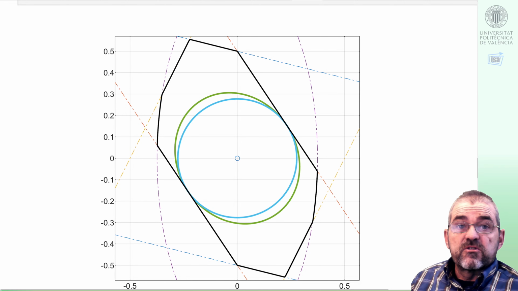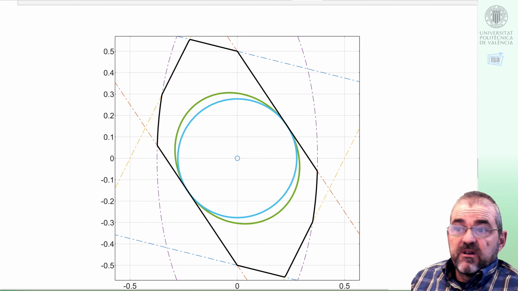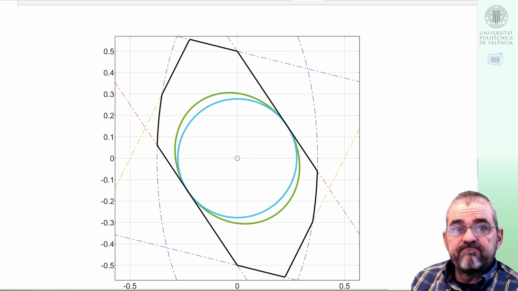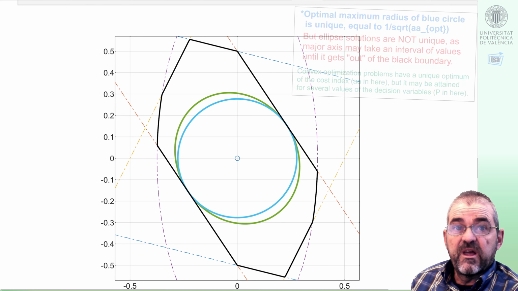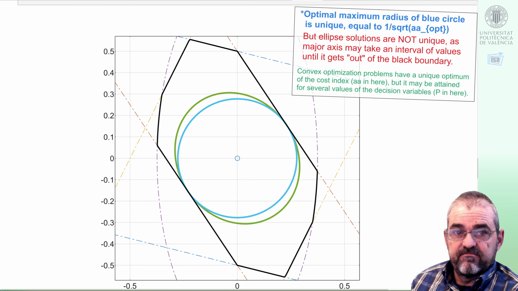So as you can see, the solution of the LMI solver is the green ellipse, because once we have inflated the cyan circle, we have a lot of feasible solutions, let's say, which lie outside the circle.